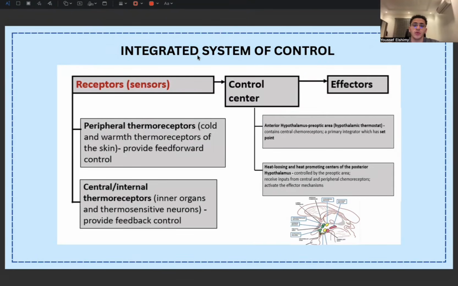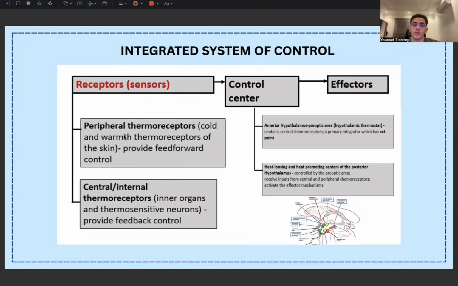Okay, so we have an integrated system of control that plays a role in regulating the temperature in our body. But as in any system, we have receptors, we have control centers, and we have the effectors. Starting with the receptors, which are the sensors, they could be divided into the peripheral and the central. The peripheral thermoreceptors are found in the skin.